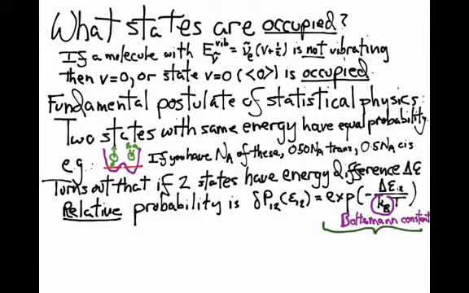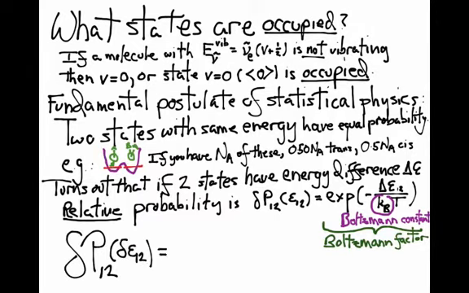And this whole term, e to the minus delta E over kT, which we see all over the place, we call the Boltzmann factor. That Boltzmann factor determines the relative probability that two states with different energies are going to be occupied. You can see that if the energy delta E is 0, then the relative probability is 1. In other words, each state has the same probability of being occupied. So the fundamental basis is still in place there.